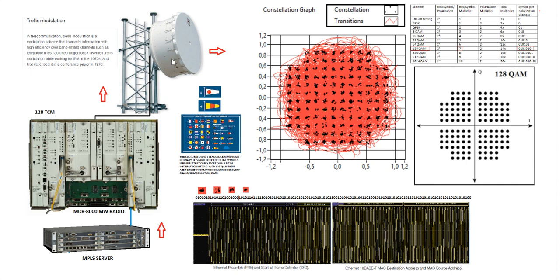So instead of doing that, the way it can get its speed and its efficiency is that it uses a method of modulation called trellis modulation, and it's using another form of modulation called quadrature amplitude modulation, or QAM.